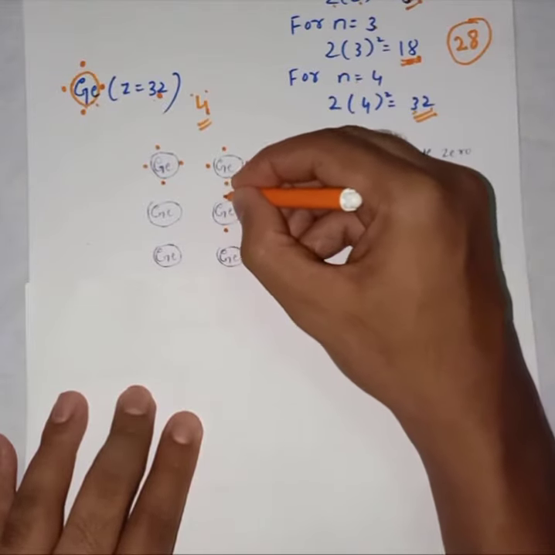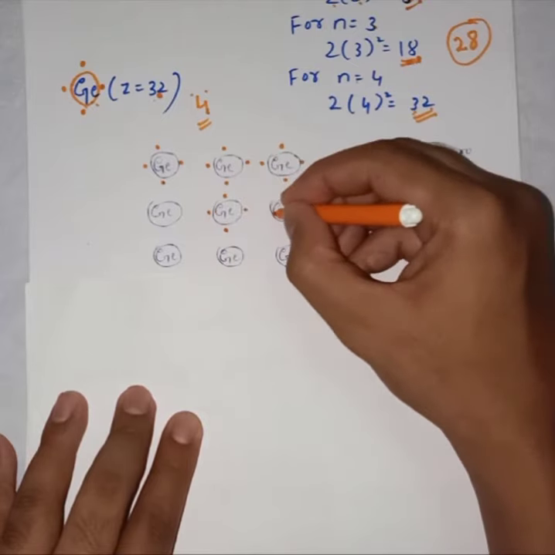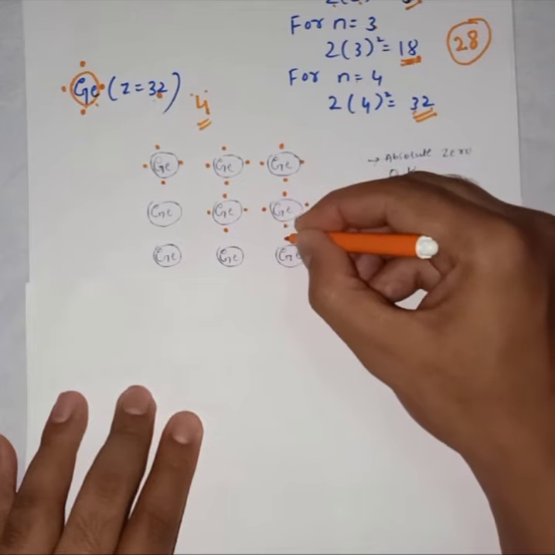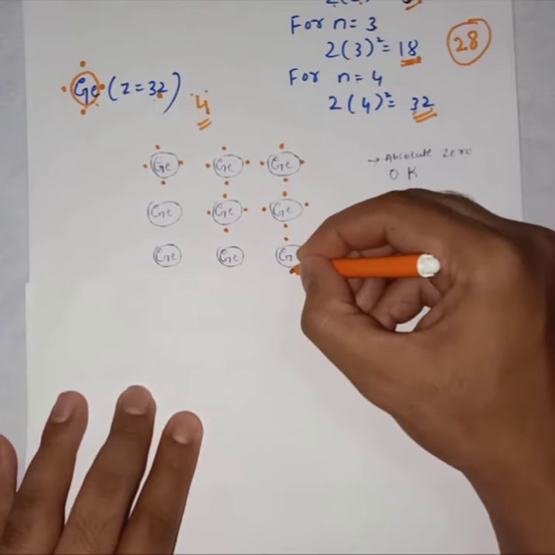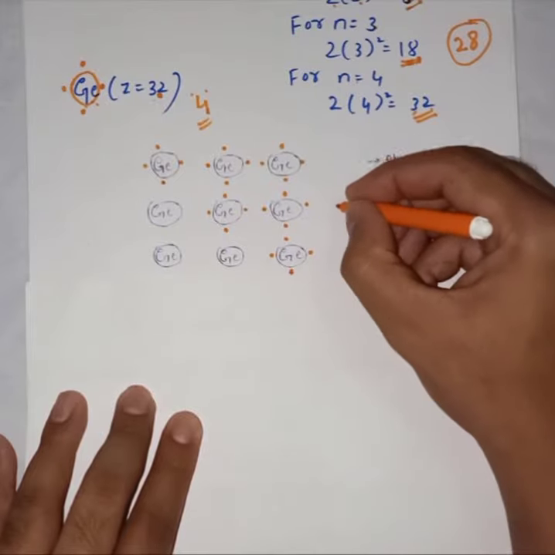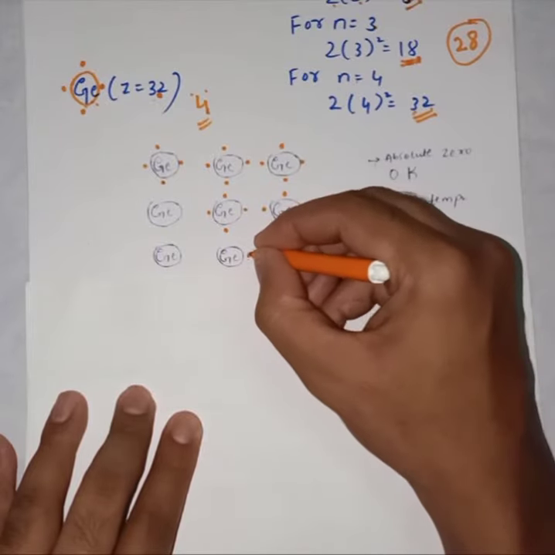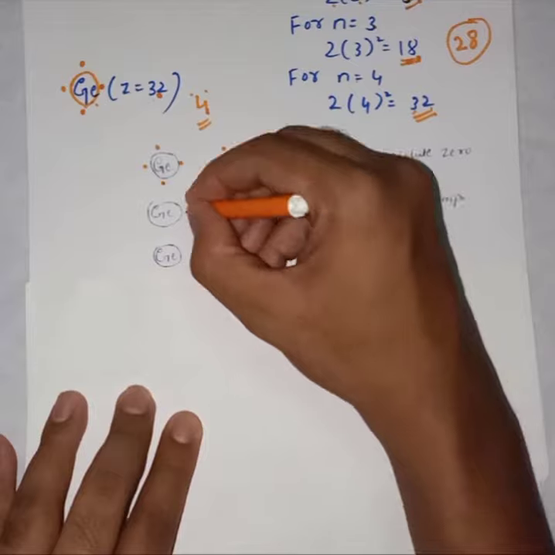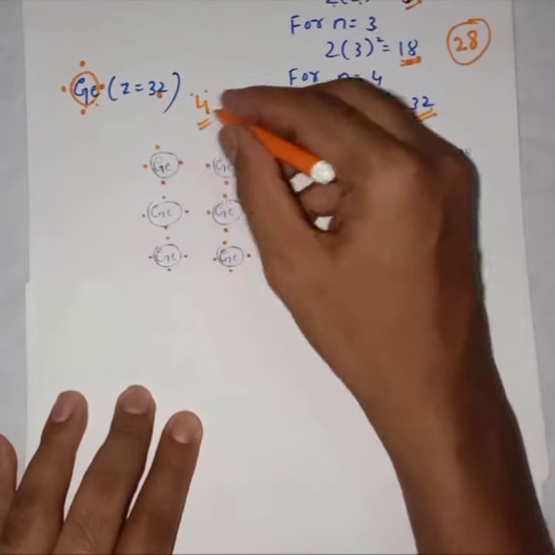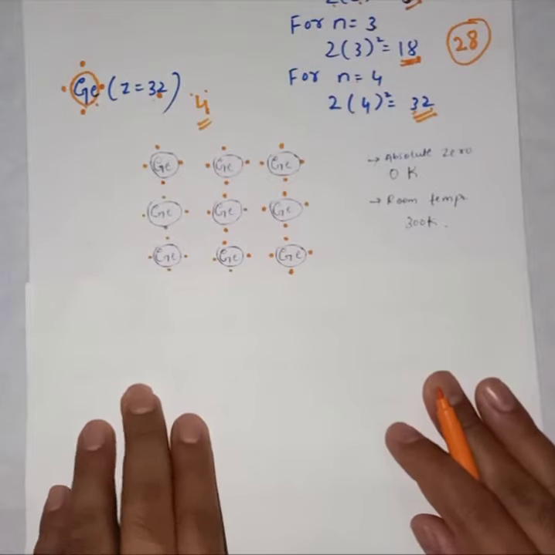For this germanium 4, and for this germanium again 4 valence electrons. For this germanium 4, right? And one more is here. Again there are 4 in it. Now there are 4 more. So there are many electrons here. You can see 4, 4, 4.